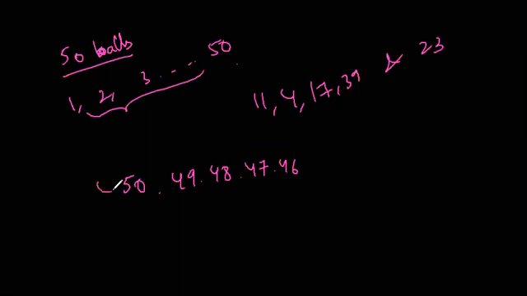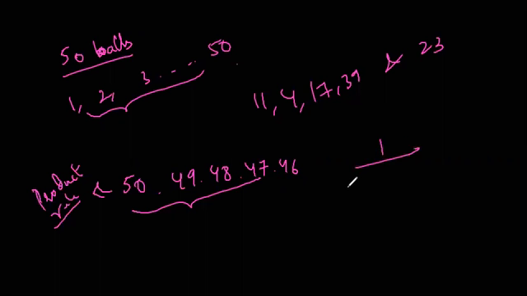And the reason we are using the product rule is that each task is done differently. Totally, these are the number of ways we can select the balls. Now the probability that 11, 4, 17, 39, and 23 are drawn in this order only will be 1 by 50 into 49 into 48 into 47 into 46.